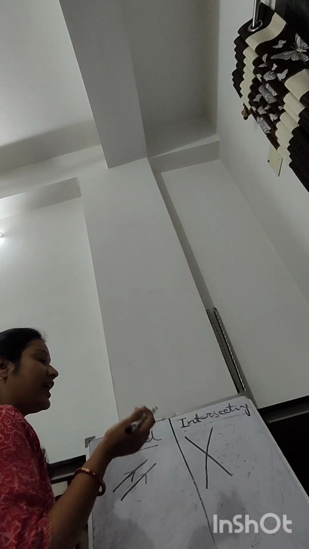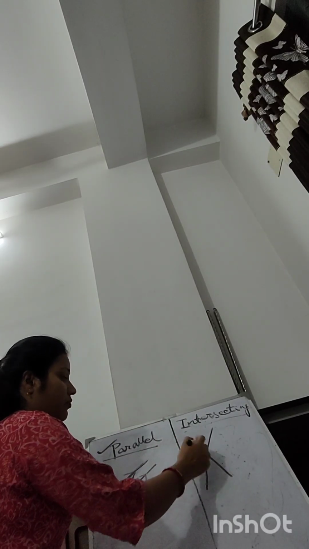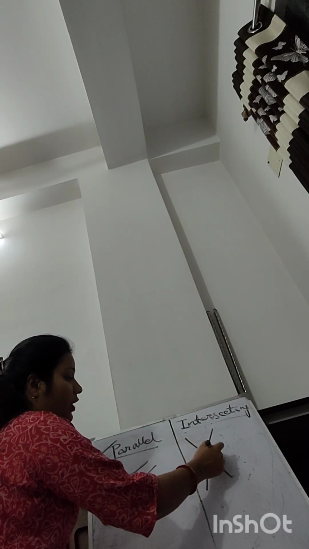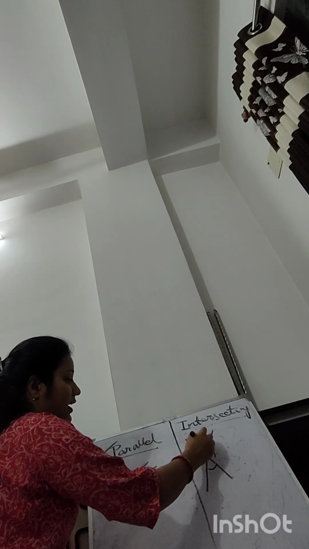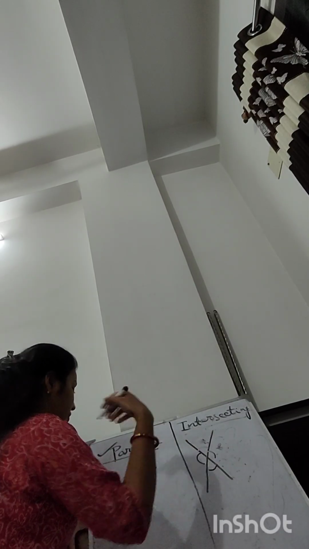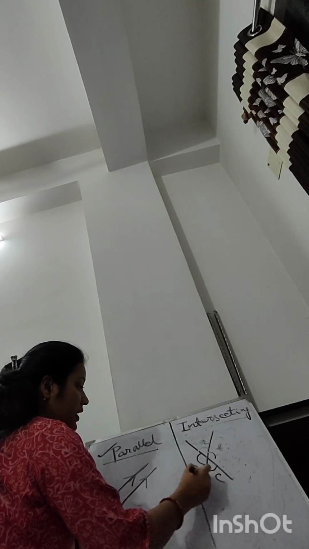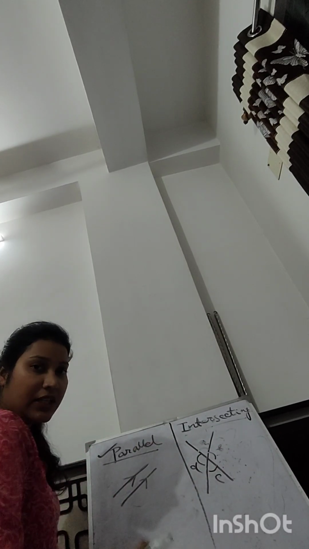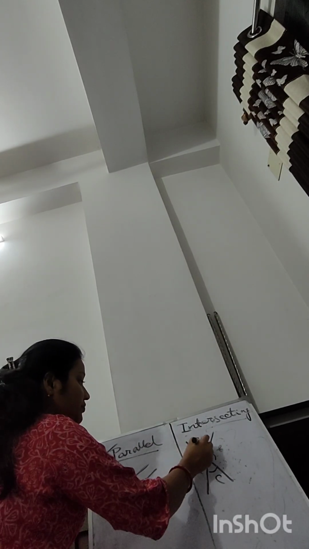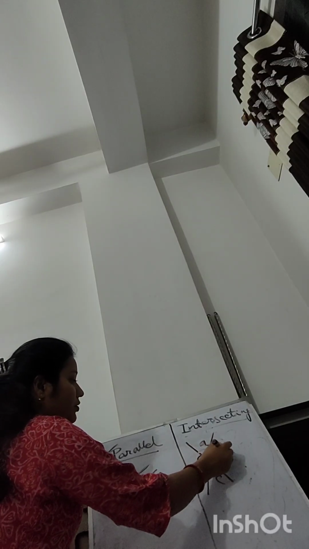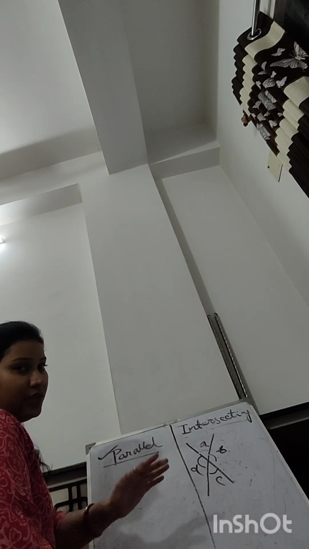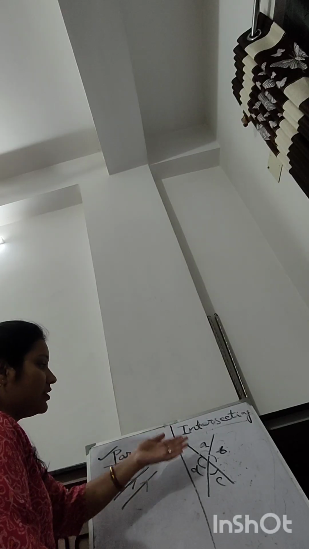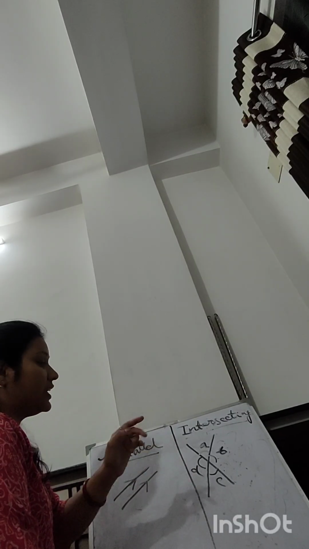Now intersecting lines cut with four angles: angle A, B, C, D. These four angles are there. In intersecting lines, two straight lines can intersect at a right angle.